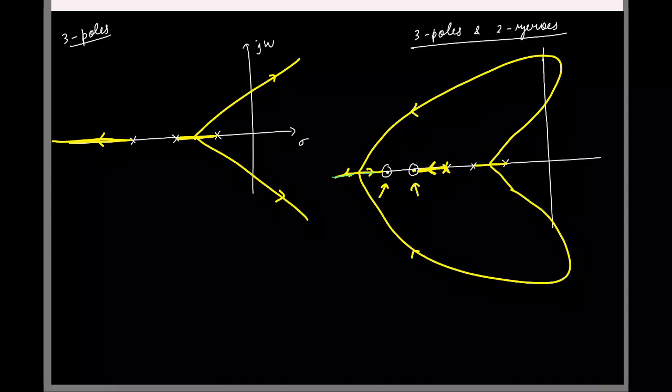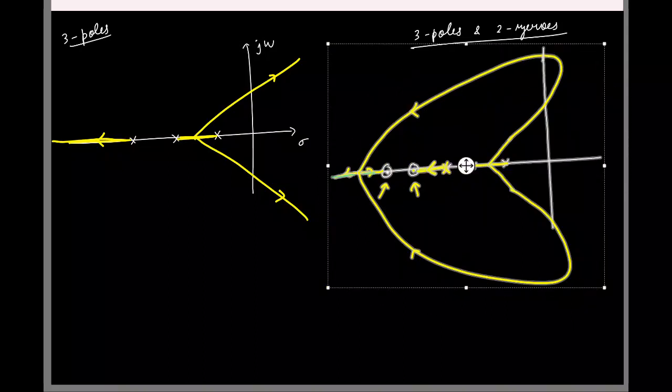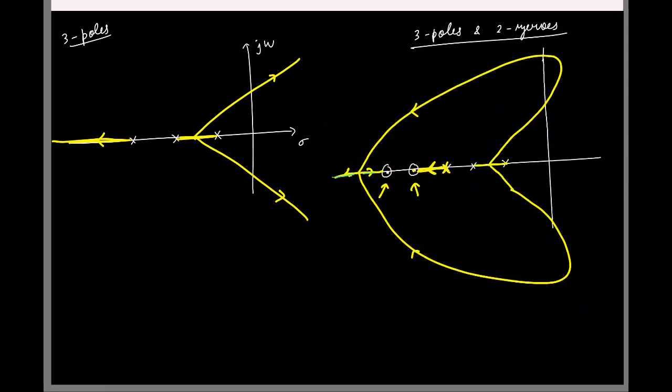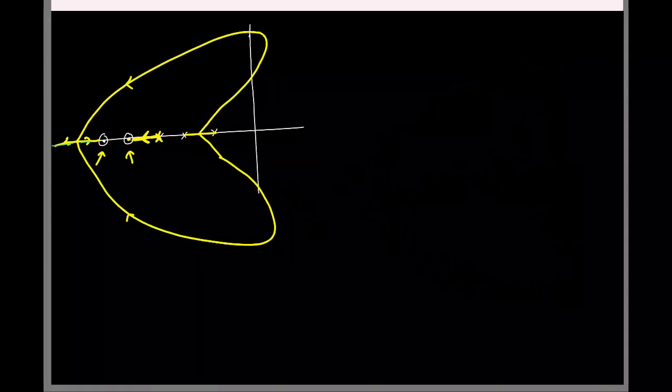So basically the zeros are acting like some kind of magnets, attracting the poles and making them fall on them, and that's why this system actually becomes stable finally. So let me use this plot and understand how we can comment on the stability using the Bode plot.